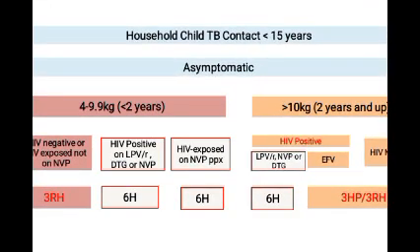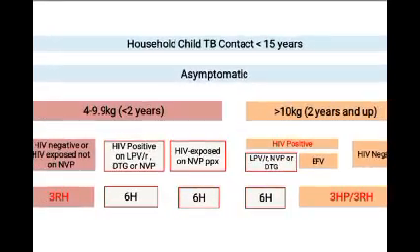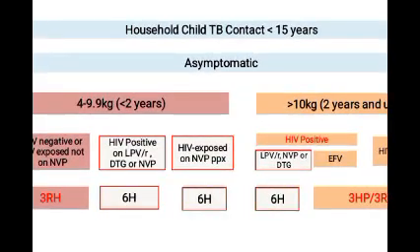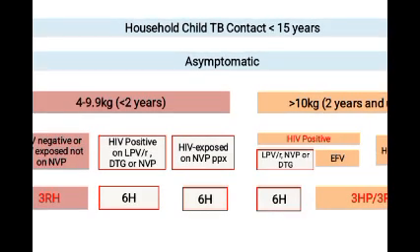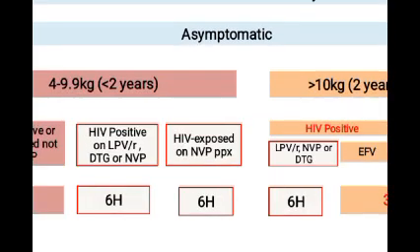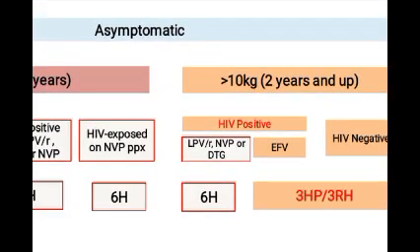HIV negative or HIV exposed, not on NVP. HIV positive on LPV/r, DTG or NVP. HIV exposed on NVP prophylaxis. HIV positive LPV/r, NVP or DTG. HIV positive EFV. HIV negative: 3HP or 3RH.